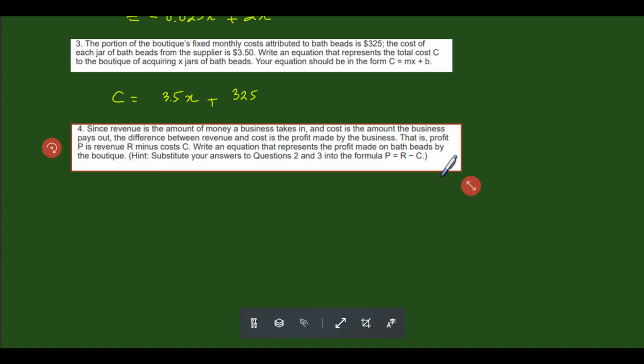In this question, they ask you to find the equation for the profit. The profit is the amount of money that you put into your pocket after you pay all the labor and all the rent. The profit formula will be profit equals revenue minus cost.